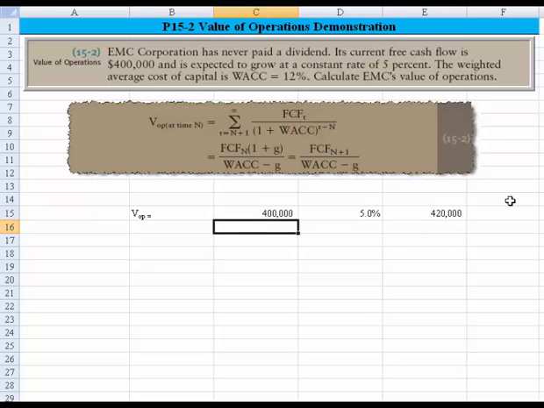Then on the denominator, we have a weighted average cost of capital of 12%. I'm going to format in percentages for you. And again, the growth of 5%, just take it from above. So my denominator is equal to 12% minus that 5%.